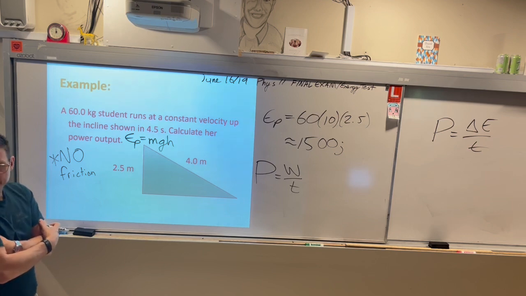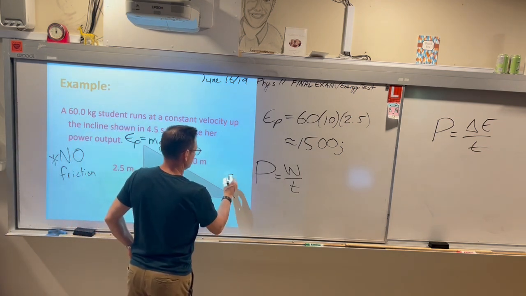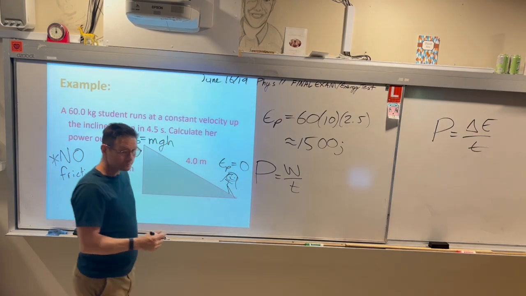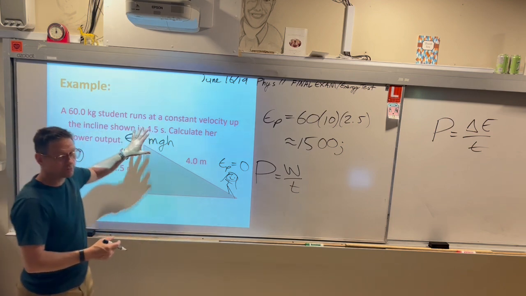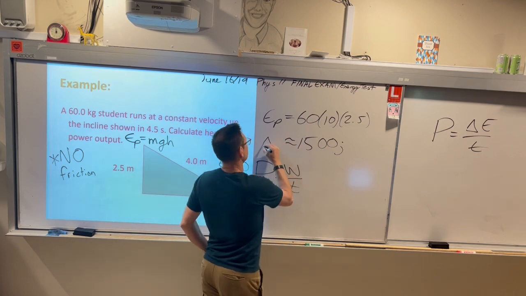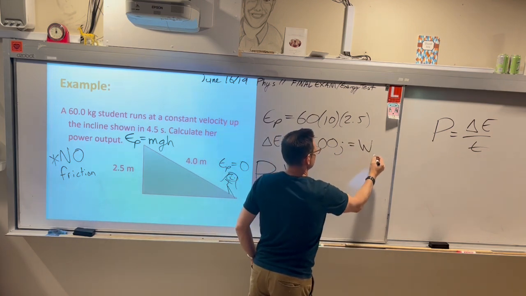What was her potential energy at the beginning? 0. Good. So down here, her EP is 0, right? So her change in energy is going to be mgh, yes? So this is my delta energy, which is also equal to my work, right?